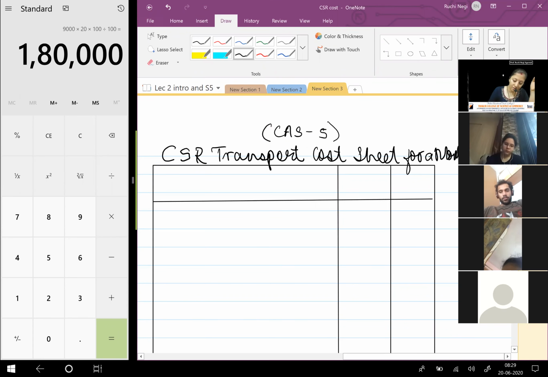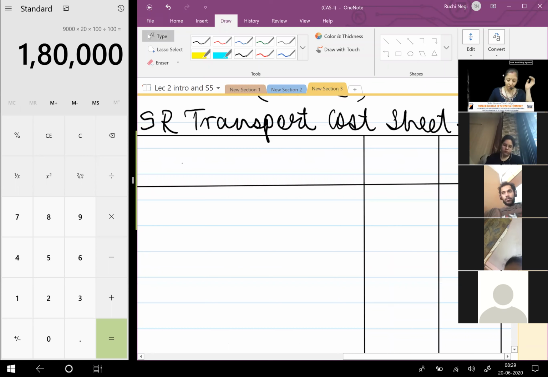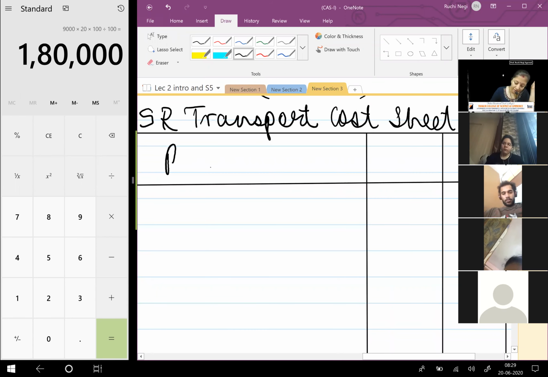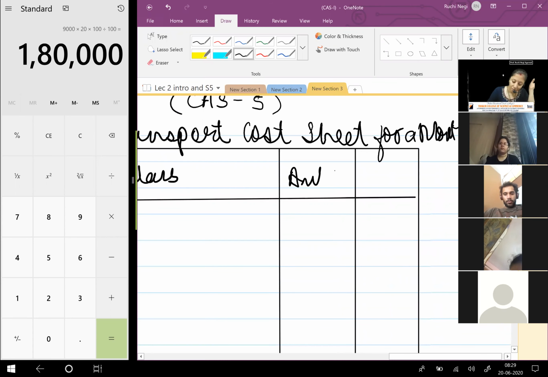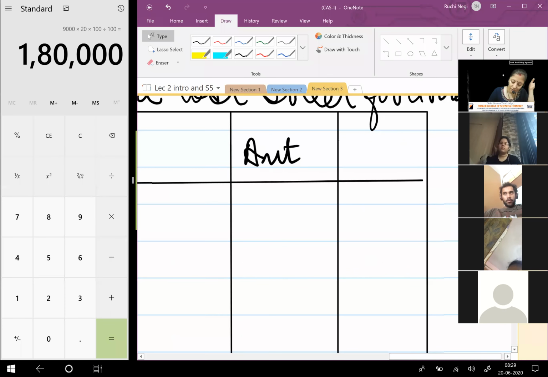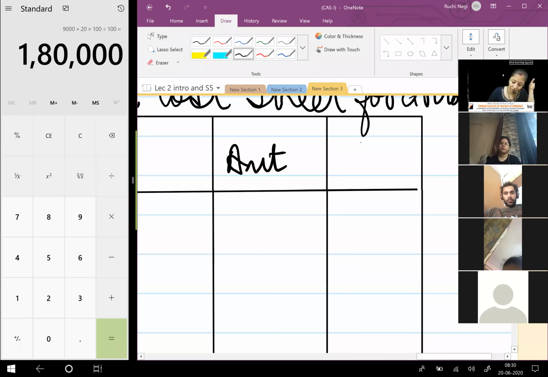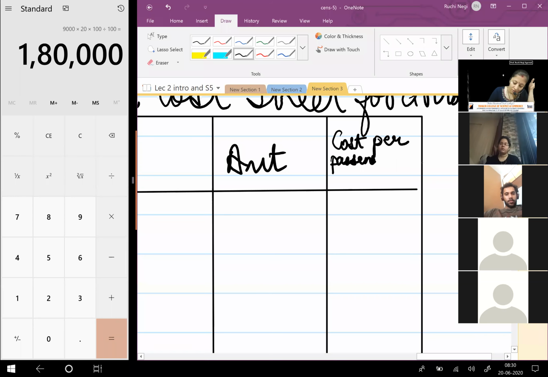Then write your particulars. Amount column. And the third column will be your cost per passenger kilometer column.